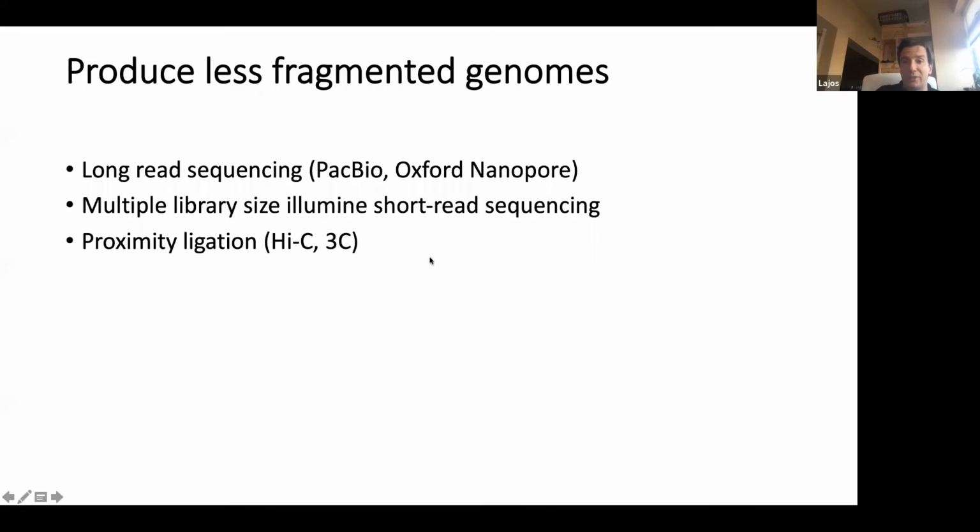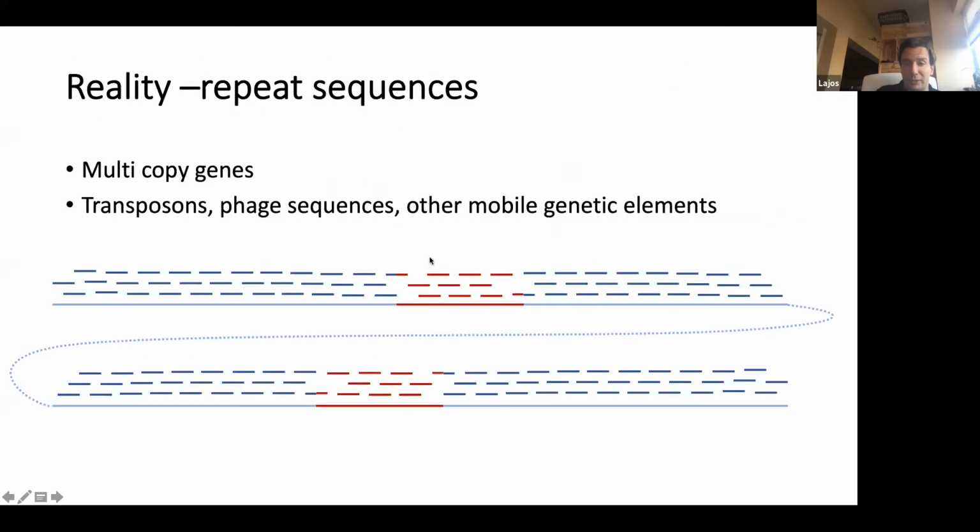It's very easy to imagine that this point within the cell, in the 3D space, is not too far from this point, and then you will have a 3C crosslink between them, and you will sequence one read from here and one read from there, and then you can have a guess about the proximity of these two contigs to each other, or this contig to this one, which is probably much further away.